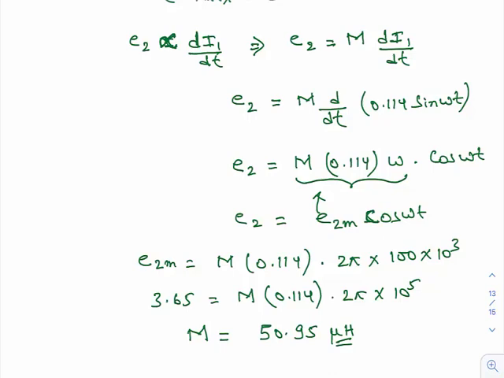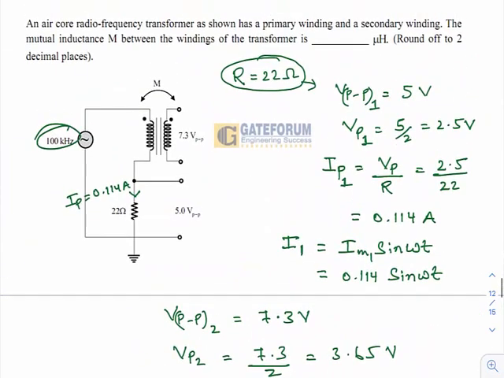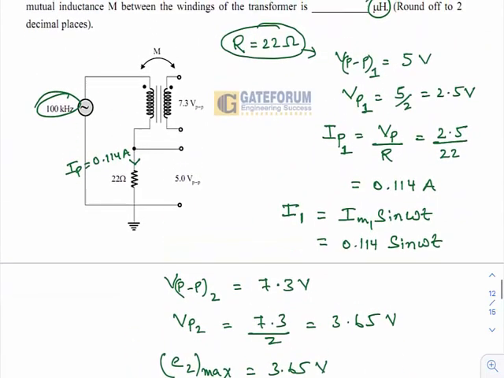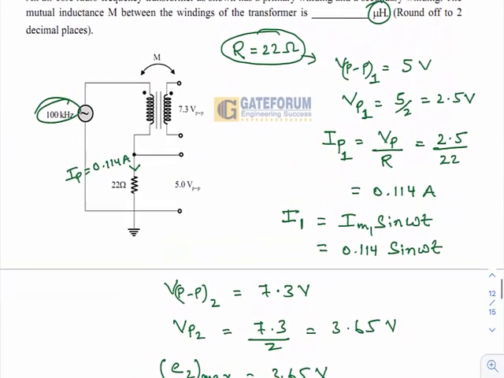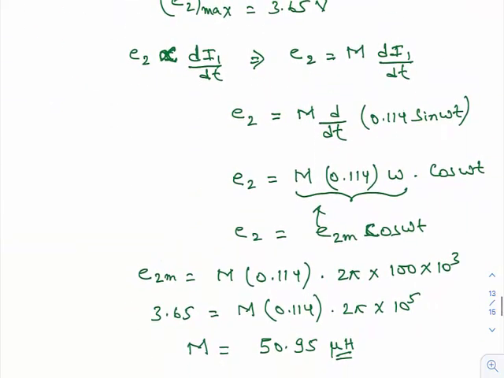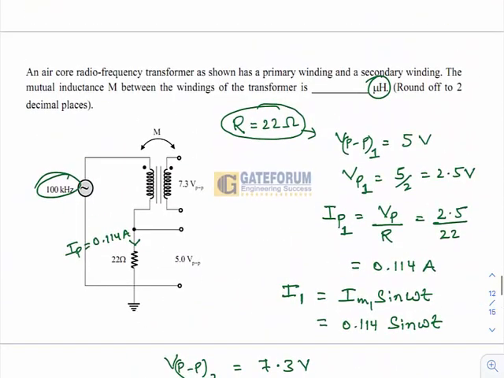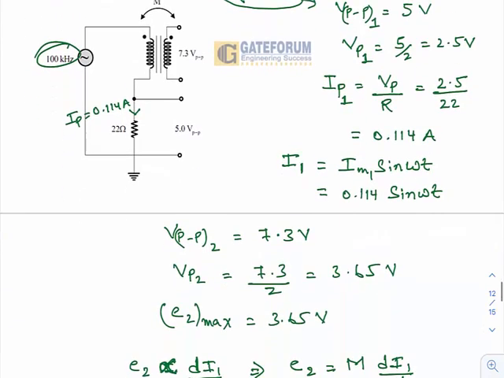Remember the question, in the question they have given the parameter mutual inductance to be found in microhenry, right? So that is why I got it in microhenry, and they have told to round off to 2 decimal places. So I am just restricting this data to 2 decimal places, that is 50.95. So the correct answer would be 50.95. Is it clear to you?